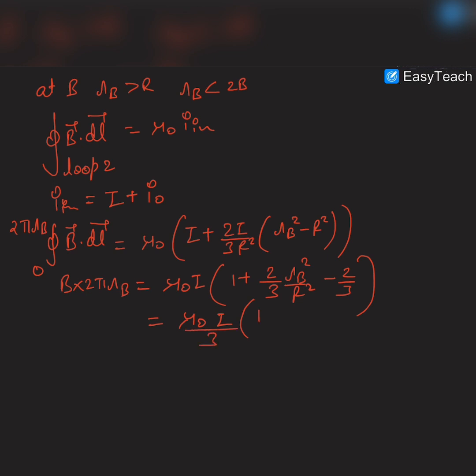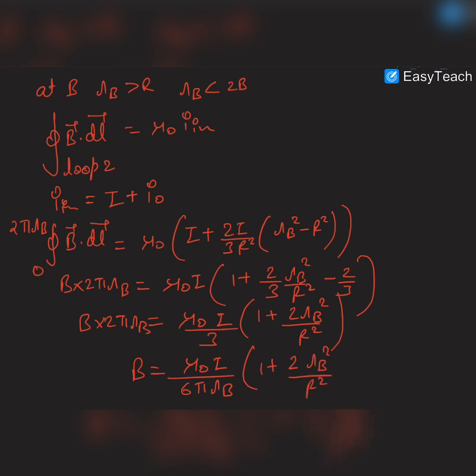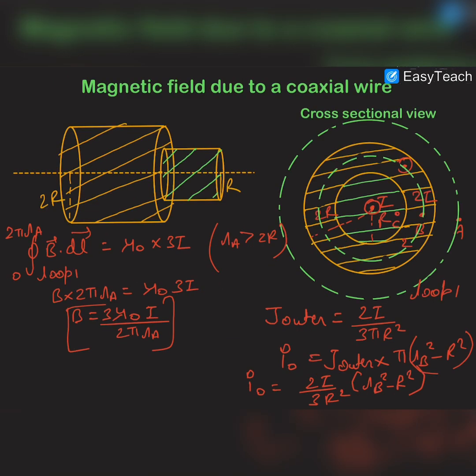It is 1 plus 2 RB square by R square, equal to B into 2 pi RB. So B will be equal to mu naught I by 6 pi RB into 1 plus 2 RB square by R square. This is the magnetic field at point B.